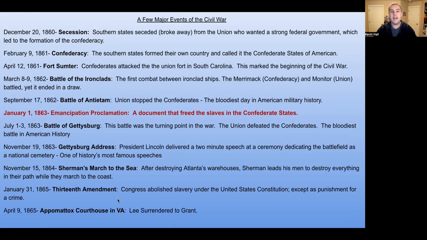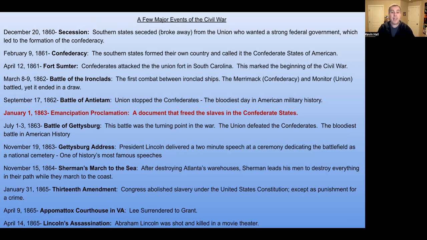And then finally, surrender occurred in 1865 in a town called Appomattox Courthouse in Virginia, where General Lee surrendered to General Grant. And that marked the end of the Civil War. And then shortly after that, Abraham Lincoln was assassinated.